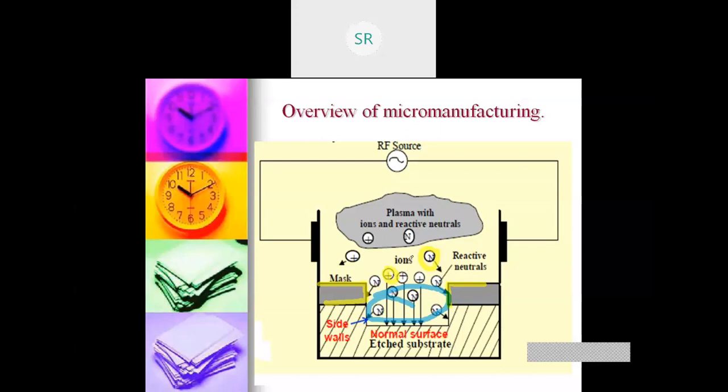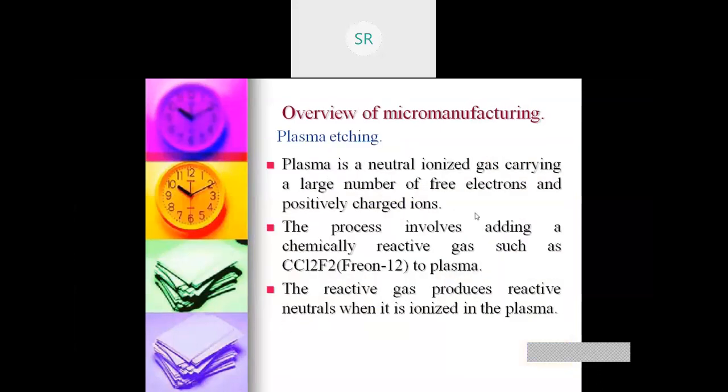This is very important from the exam point of view. Plasma is artificially generated with the help of a radio frequency source. Next, I add a chemically reactive gas, usually Freon 12, to the plasma.